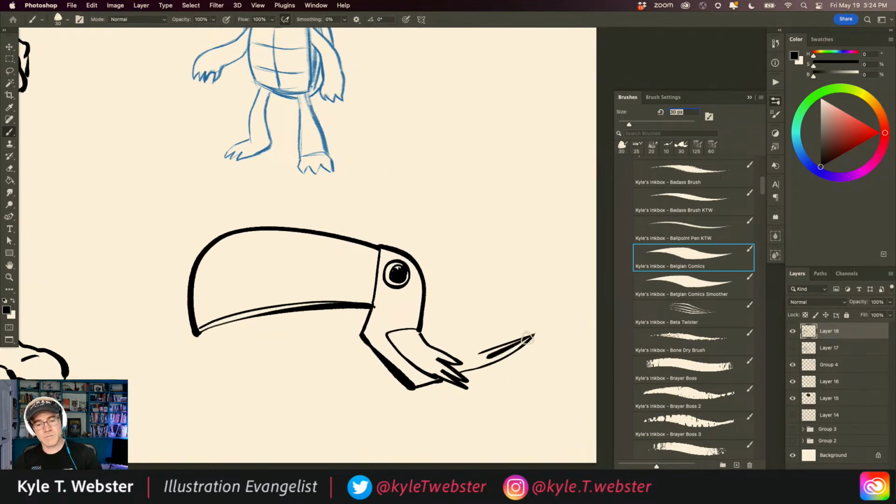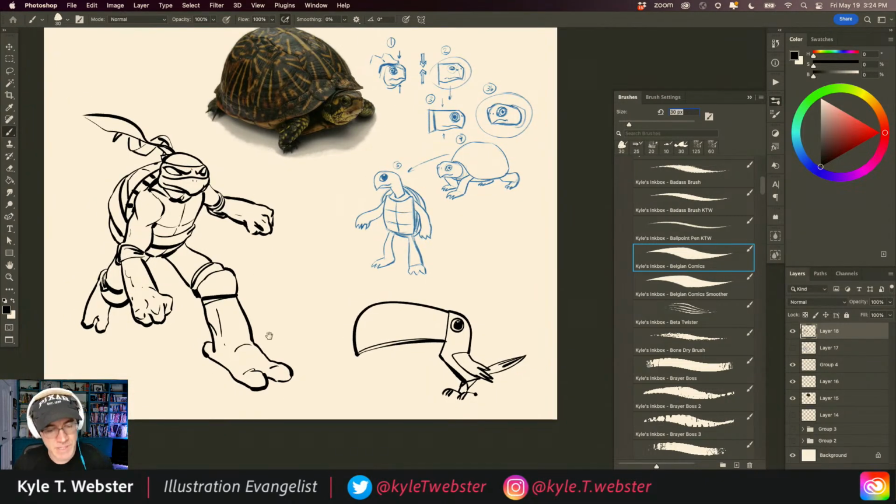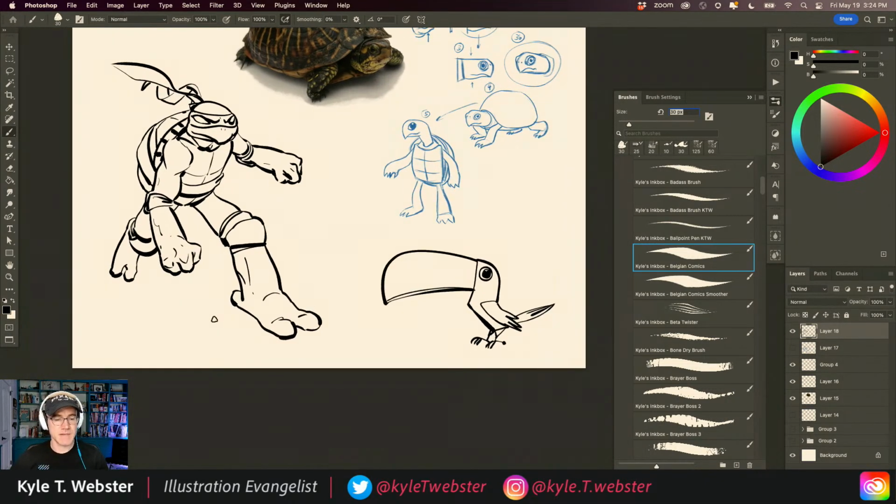Go for simple shapes. Yep, that works. You don't have to do much with a toucan.